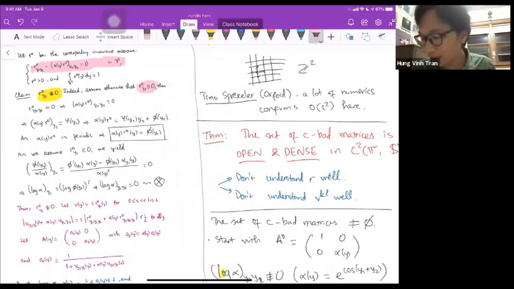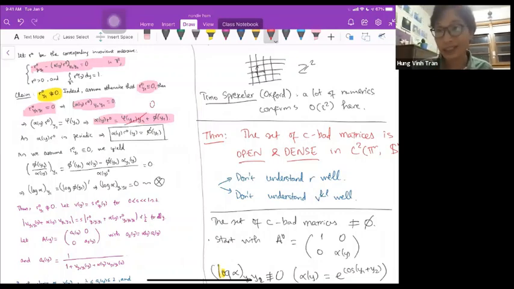It gives me that alpha r naught of y2 is 0. So that means that alpha r naught is just a linear function in y2, right? But since it's periodic, the linear part has to go away, because otherwise it's not periodic in y2. So that allows me to have that alpha of y times r naught of y equals phi of y1 only.